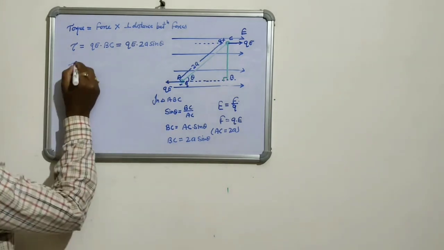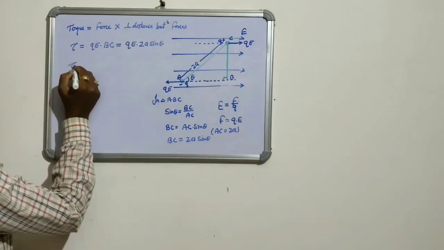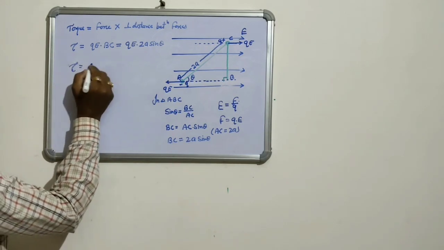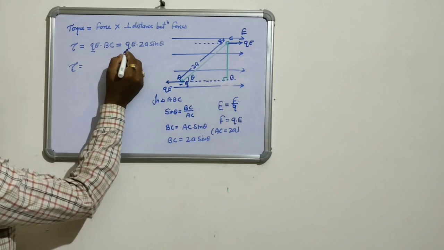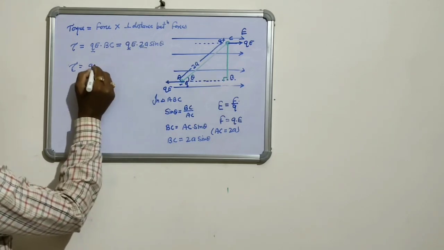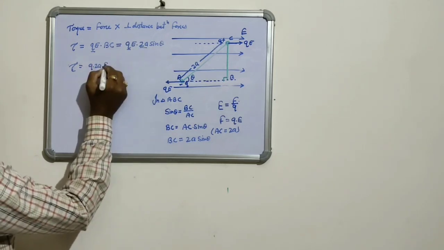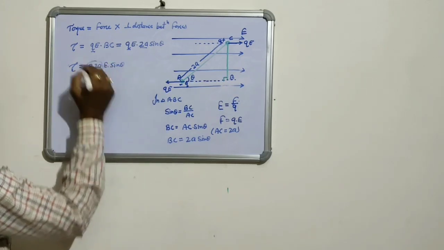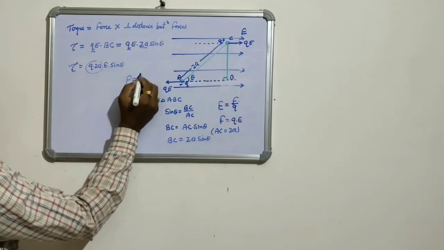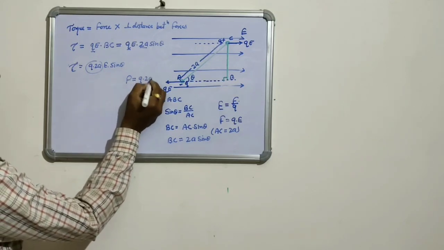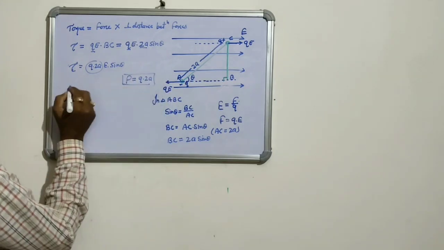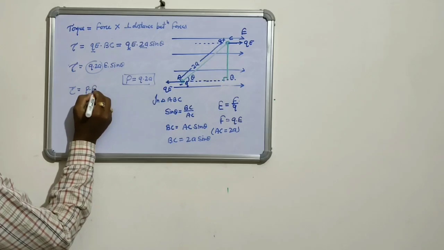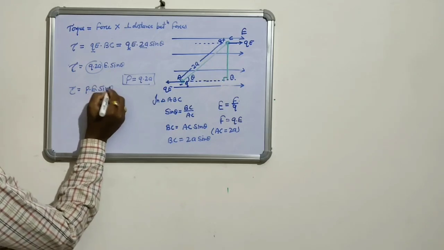Okay, so torque is equal to Q into 2a into E sin theta. So Q into 2a is equal to dipole moment P. Q into 2a is the dipole moment. So torque is equal to PE sin theta.